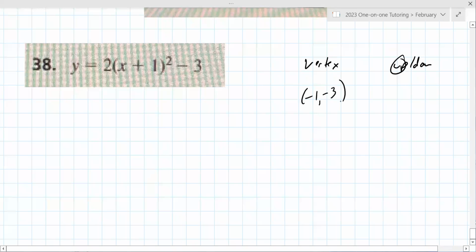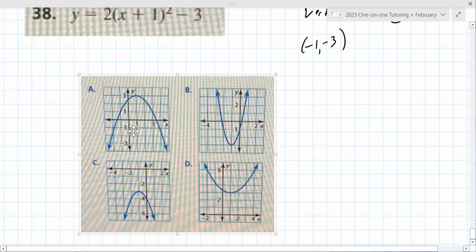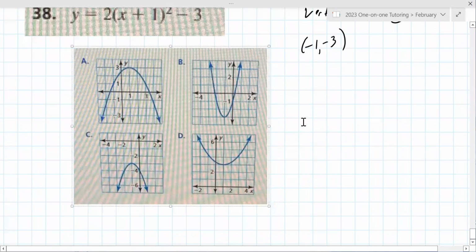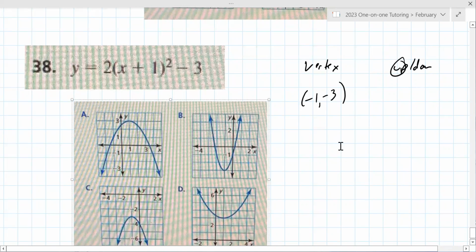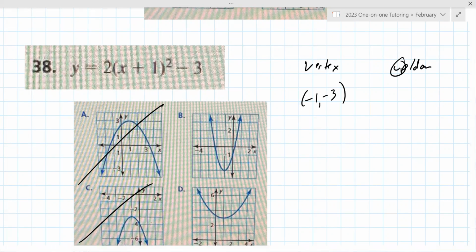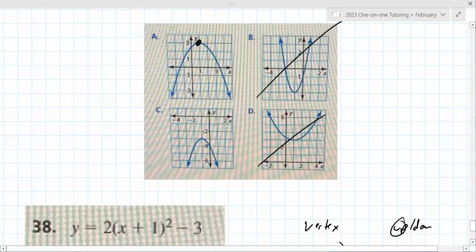So if you go to your 4 graphs here, which I'm going to snip in, you should be able to eliminate a couple of them each time with the vertex and then the opening. Since it opens up, those are out. So it would have to be B, because B is the only one that's negative.